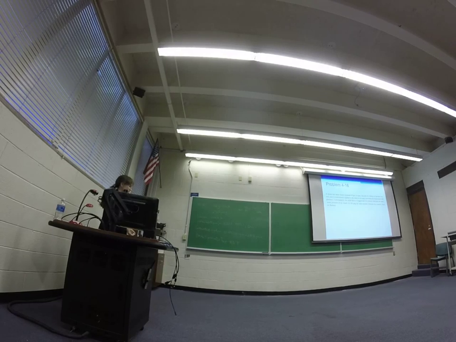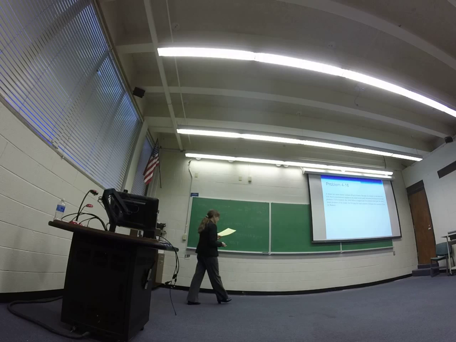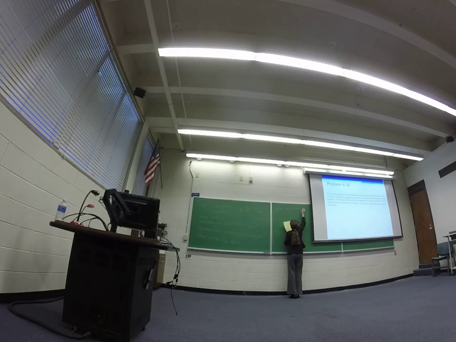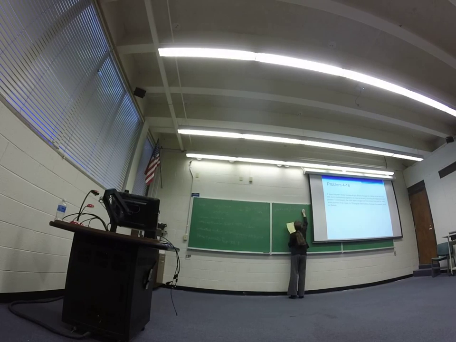Someone already said it's 4.18 joules per gram in degrees Celsius, or 1 calorie per gram in degrees Celsius. So CP of H2O is 4.18 joules per gram degrees Celsius.